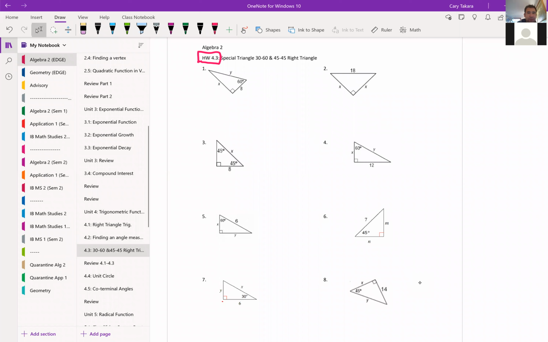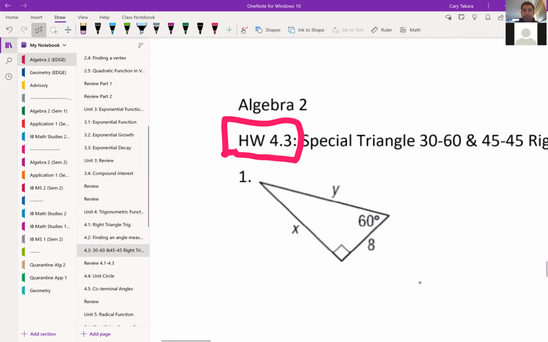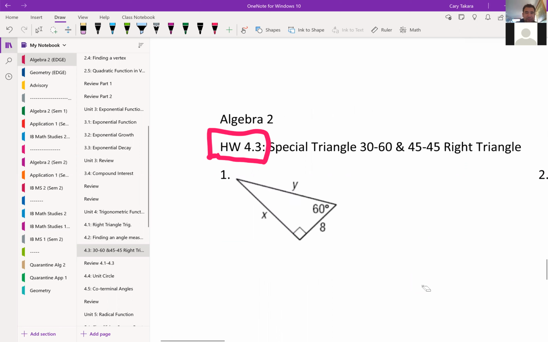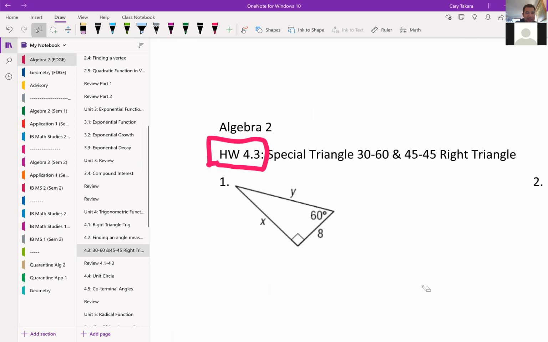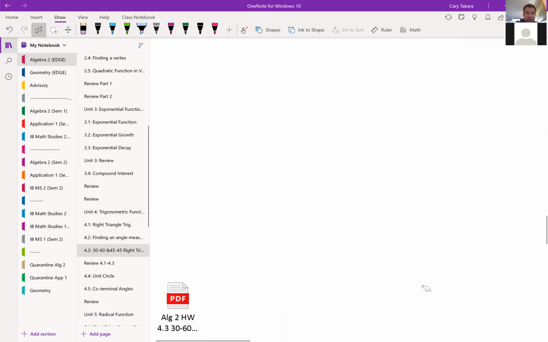Okay. So let's begin. Number 1. If you see this is a 60 degrees, that means it is a 30, 60 right triangle. Okay. Now we need to figure out x and y. Now what do we do? I apologize for going back and forth and moving around.